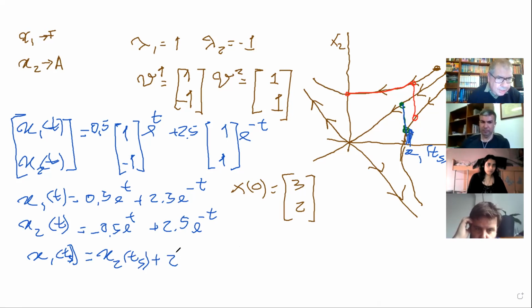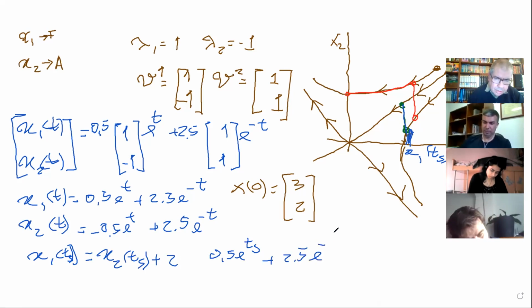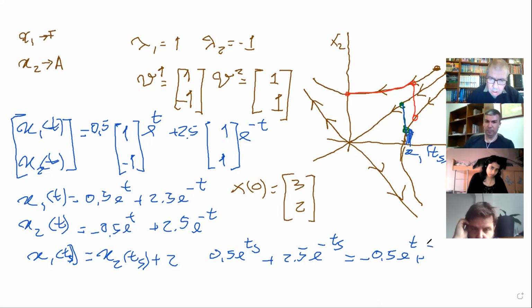So x1 of TS is that stuff here, 0.5 exponential of TS plus 2.5 exponential of minus TS, is equal to minus 0.5 exponential of TS plus 2.5 exponential of minus TS plus 2.